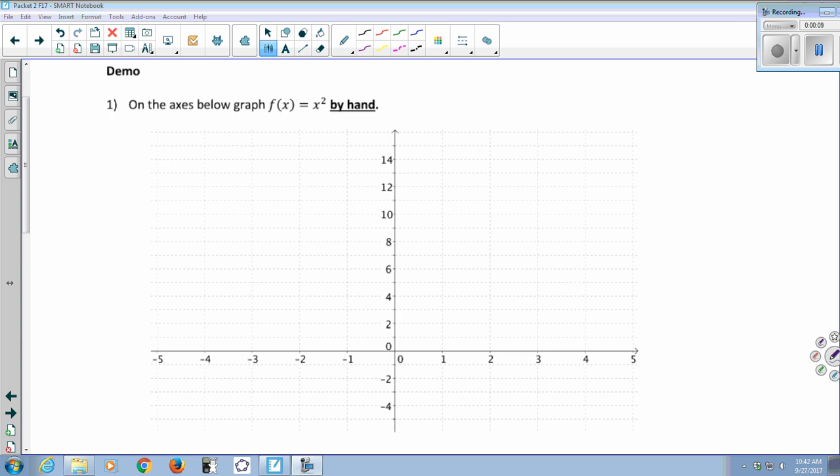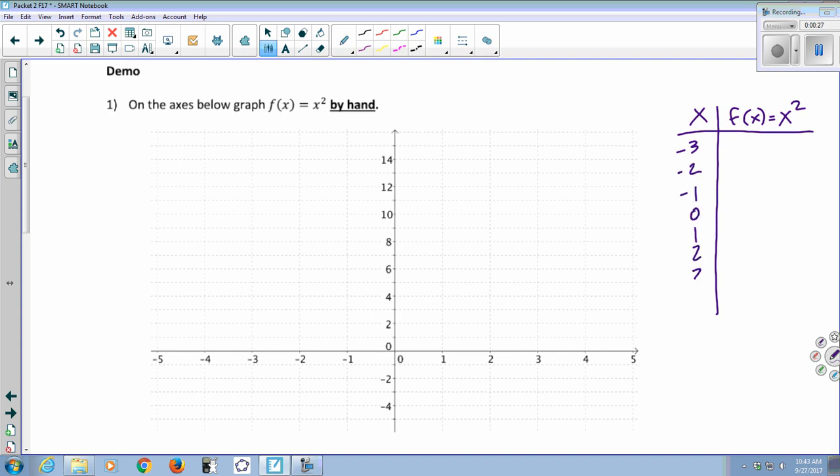We actually just did this in the preview exercises, but just to remind you, you make a little xy chart, and if you might know what x squared looks like, you can skip it, and if you don't, you just make a little xy chart. I'm going to go from -3 to 3 by integers. 9, 4, 1, 0, 1, 4, 9.